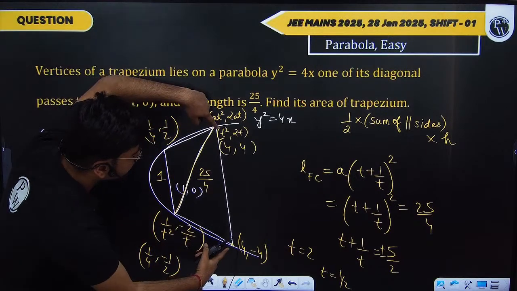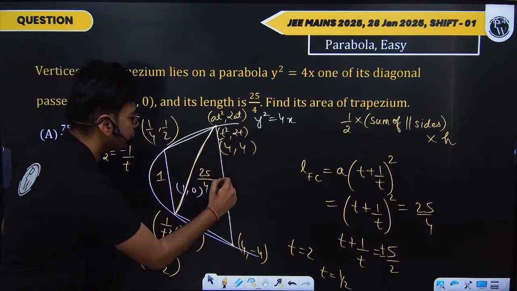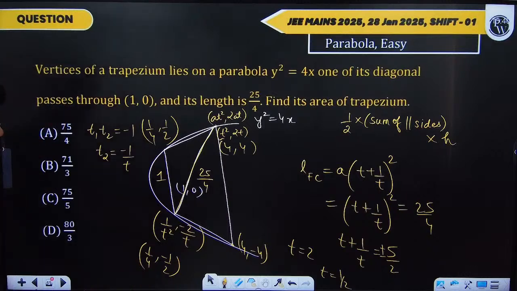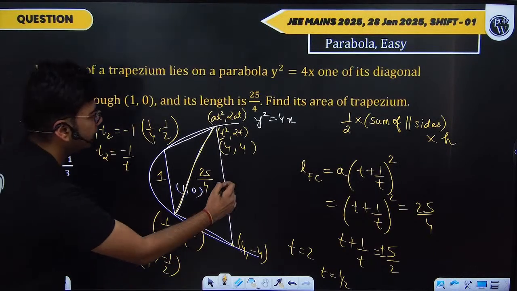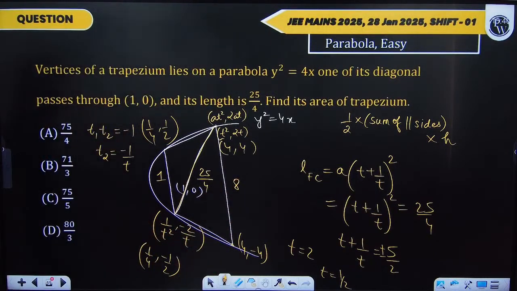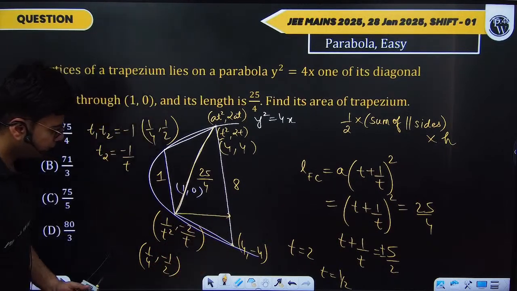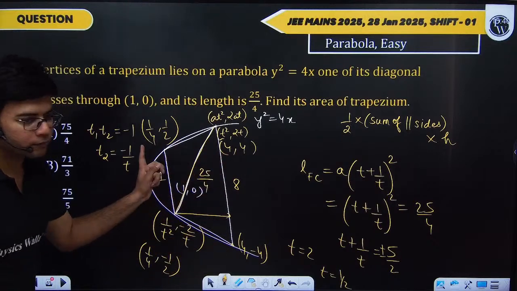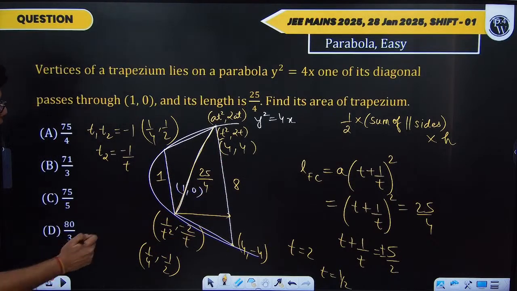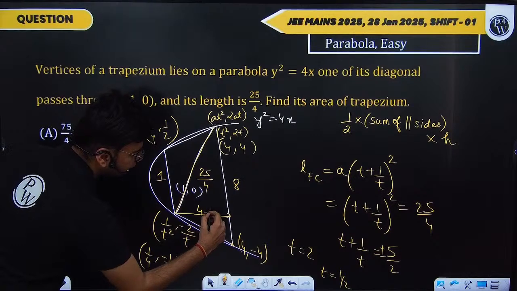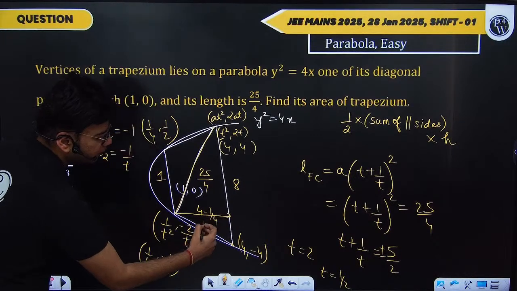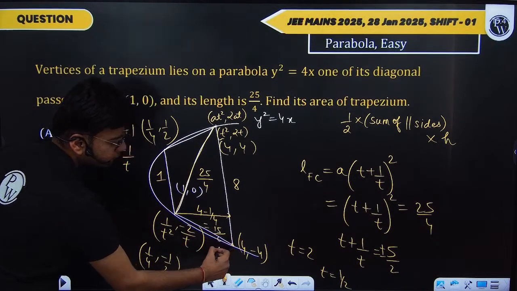What is this distance? 4 minus minus 4, so this distance is 8. And what is the distance, this particular height? This will be 4 minus 1 by 4, which will give me 15 by 4.